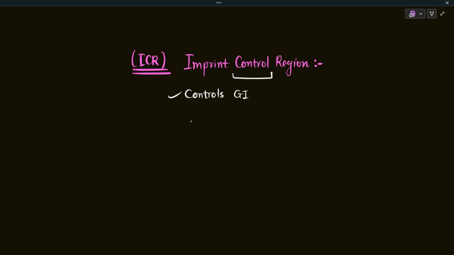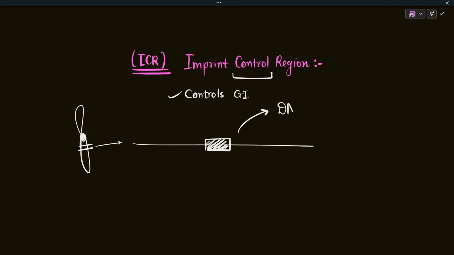For example, this is a chromosome, and on this locus there is a region characterized by a DMR, a differentially methylated region, around which there are multiple imprinted genes.